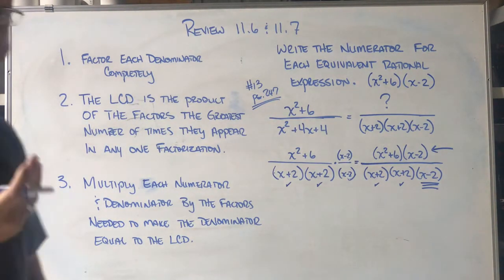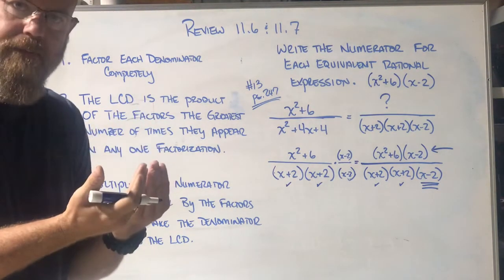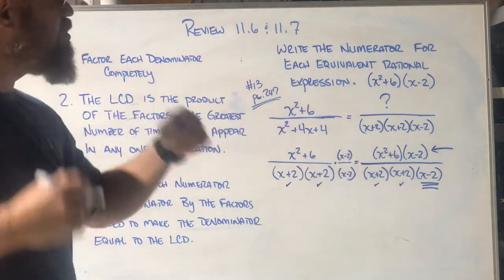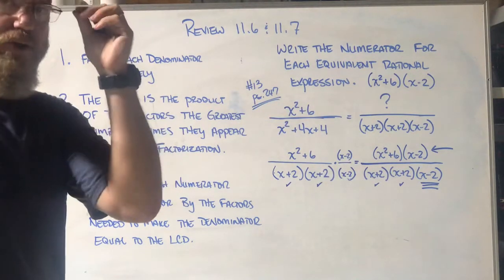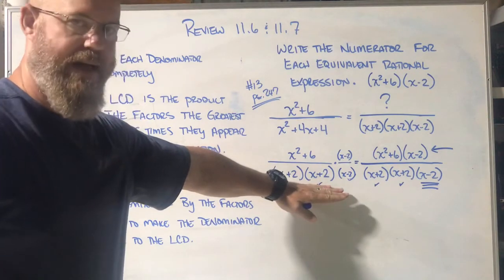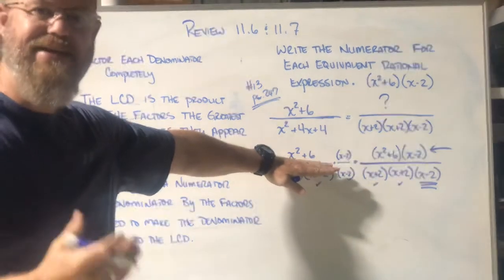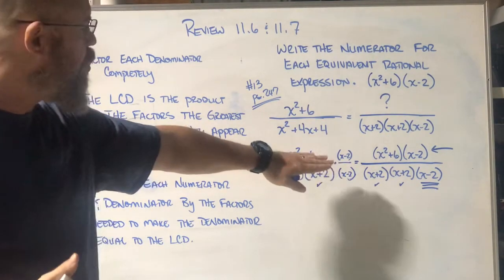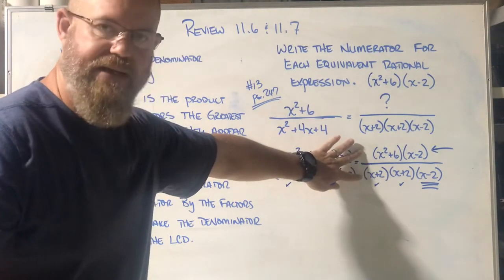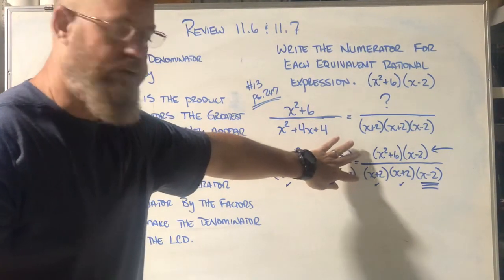Hopefully that makes sense to you. This is just a drill to remind you that whatever you multiply the denominator by, you have to multiply the numerator by that same factor in order to have an equivalent value rational expression.